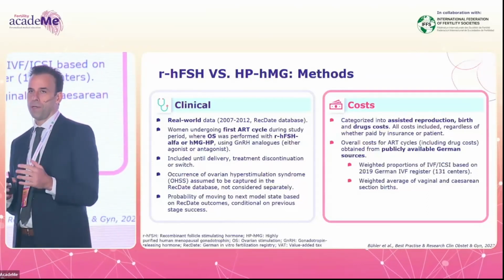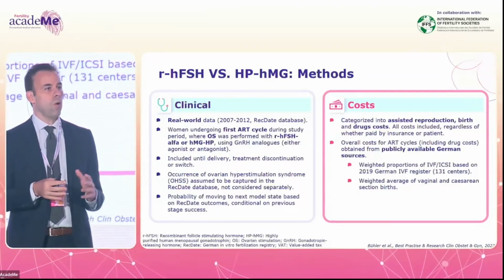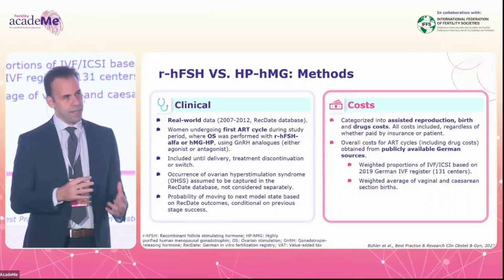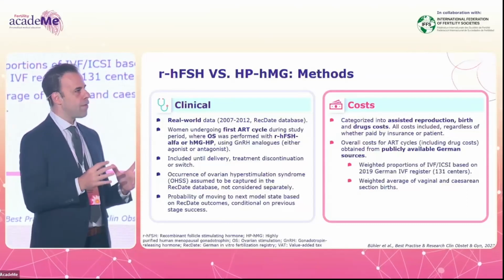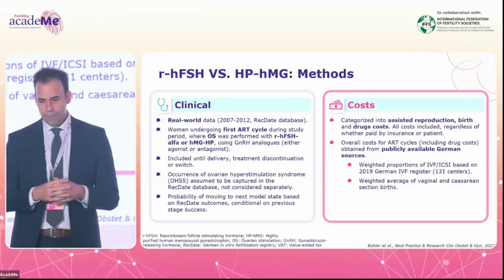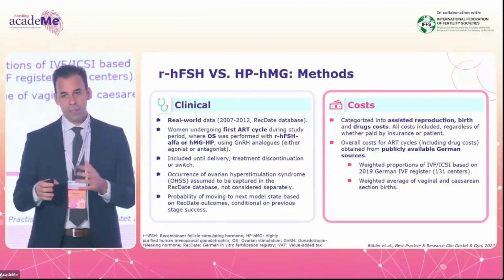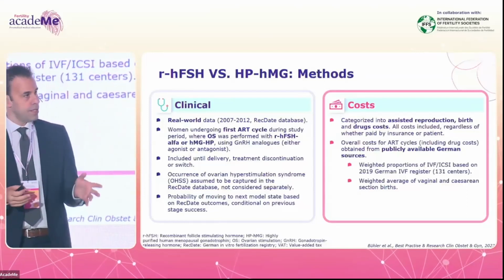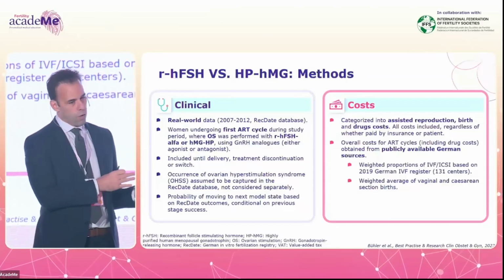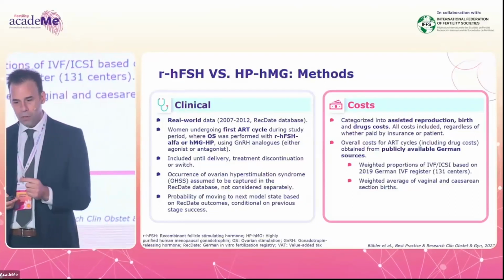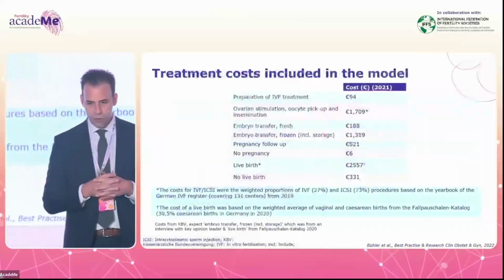Those assumptions were, for example, relevant to whether ICSI or IVF had been used, and in order to incorporate these, they also went to weighted averages available from German data, and also to whether these individuals had been delivered via cesarean section or vaginal birth, since the cost of pregnancy monitoring and birth costs were also incorporated, but they were not included in the RecDate registry.